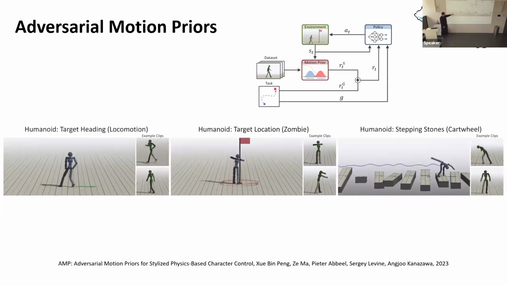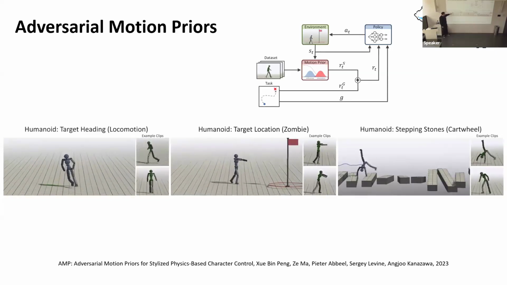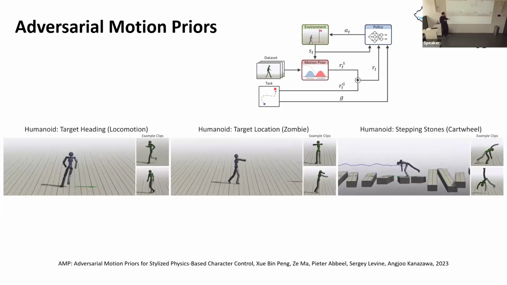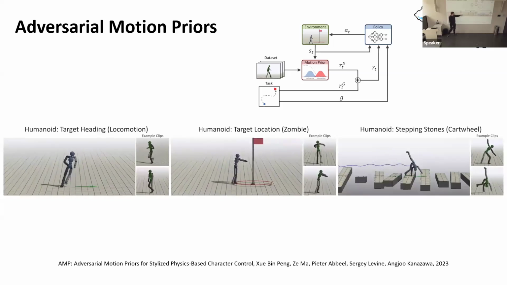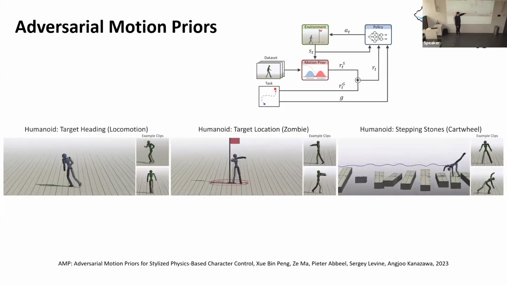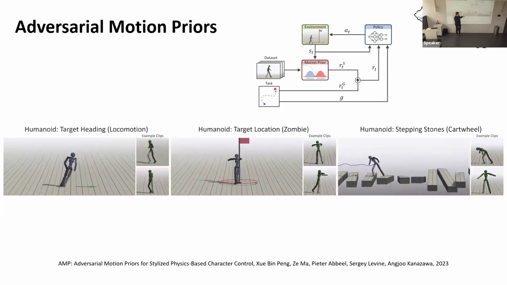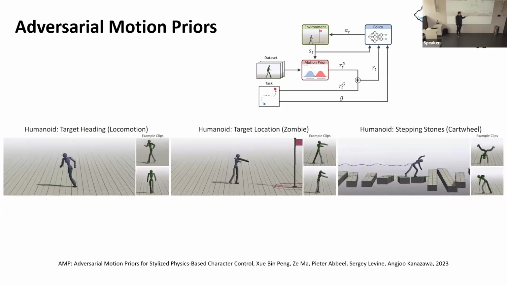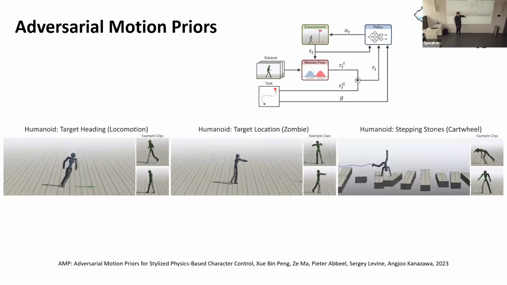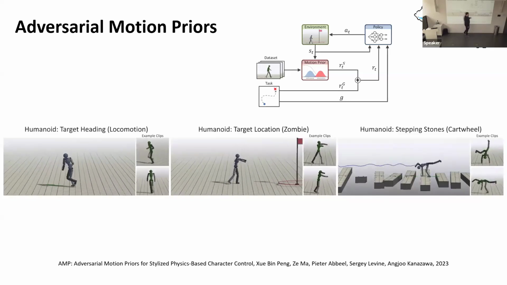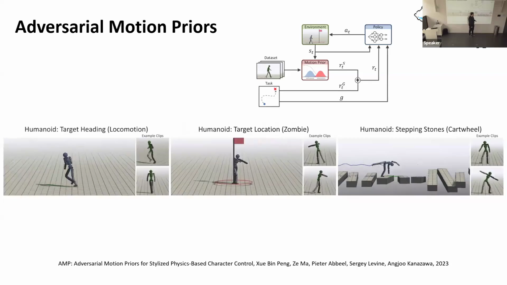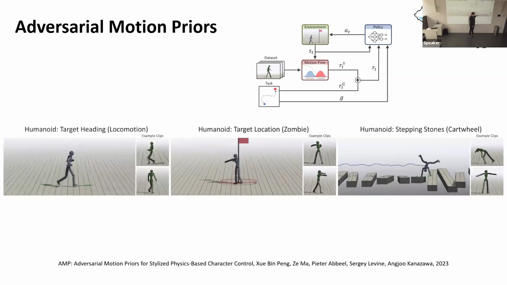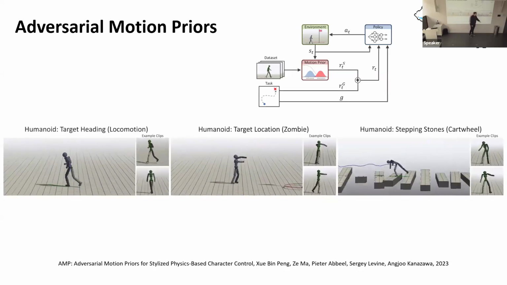And here, for example, you can see that we can change our direction by giving normal walking examples. Here, we can also have different kinds of locomotion, like a zombie walking, and we can also change the directions. Or if we have example clips of making a cartwheel, we can extend this to make a cartwheel over rough terrain.